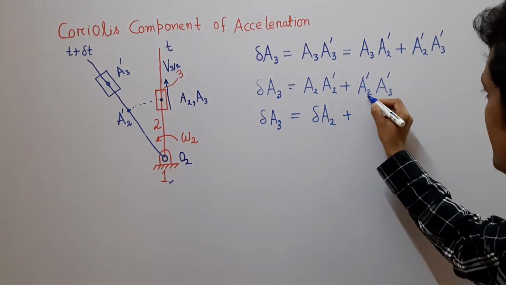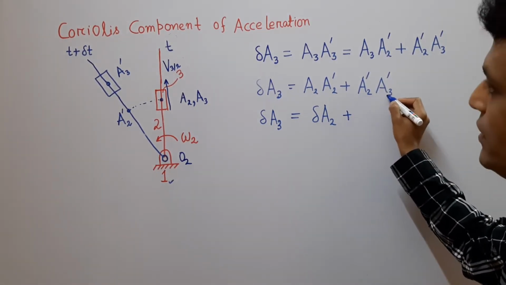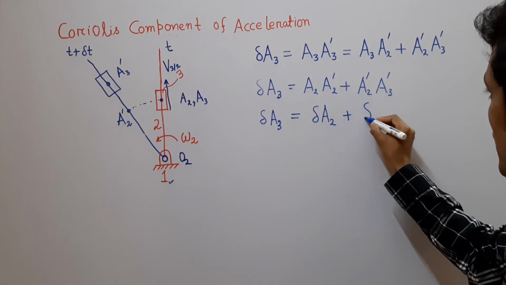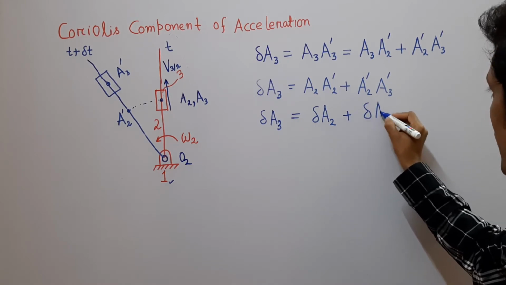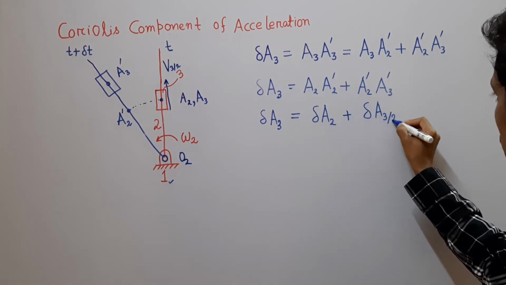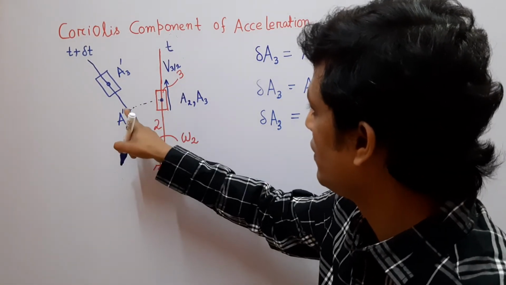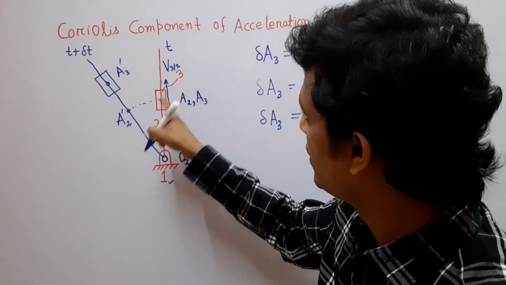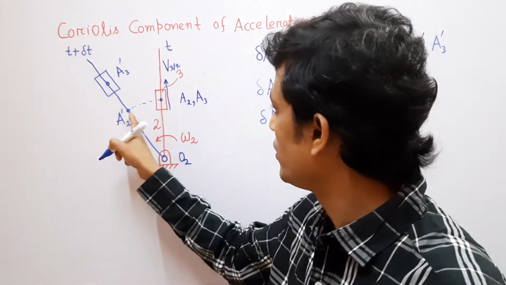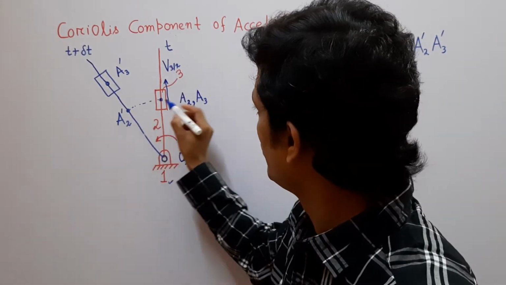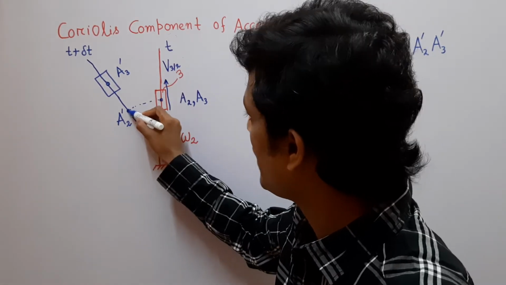And this, A2 prime A3 prime, is nothing but the relative displacement of 3 with respect to 2, because with respect to 2, point A3 moved from A2 prime to A3 prime.